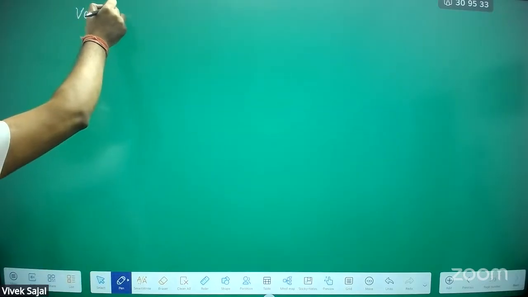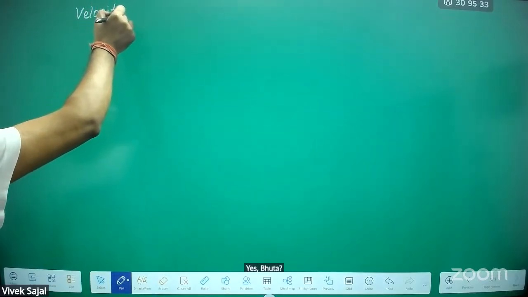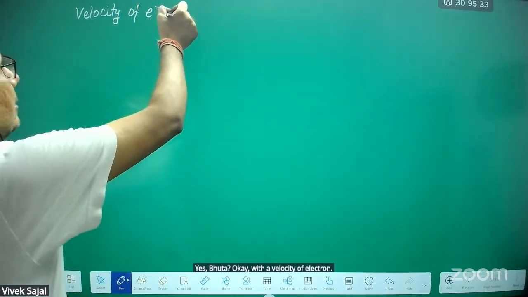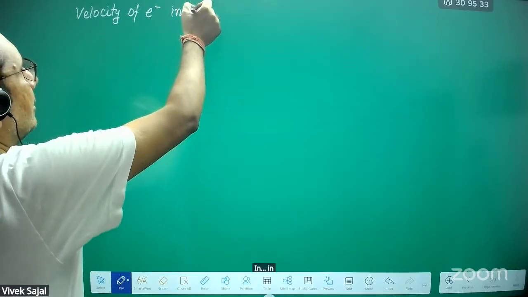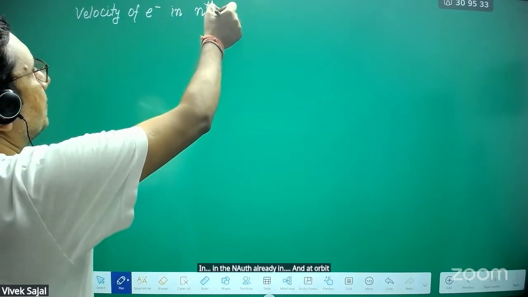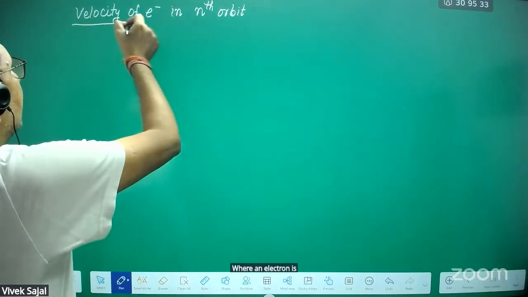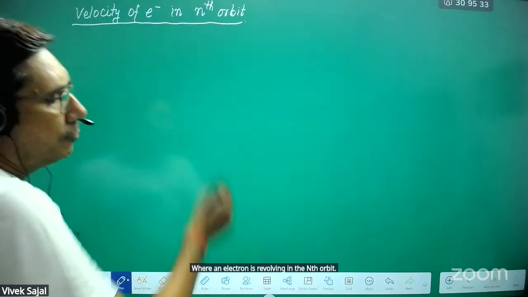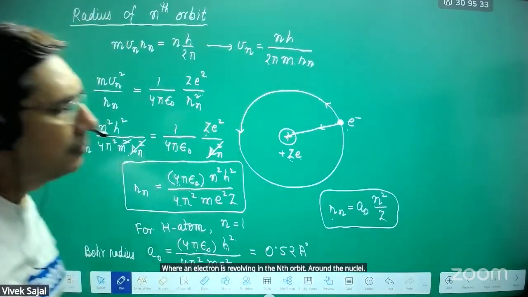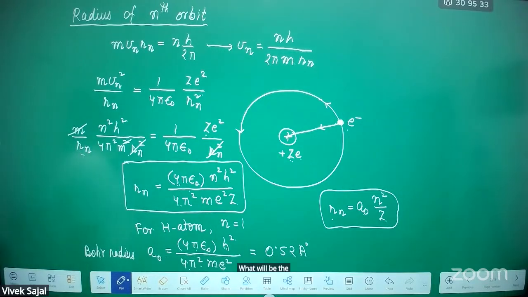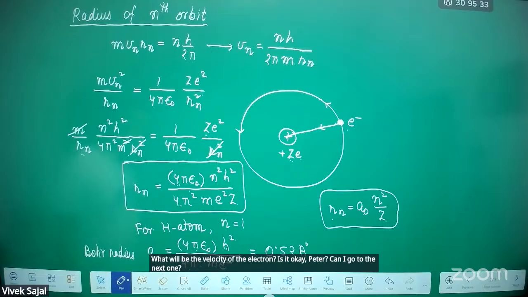Velocity of the electron in the nth orbit: when the electron is revolving in the nth orbit around the nucleus for a one electron system, what will be its velocity? Is it okay? Can I go to the next one?